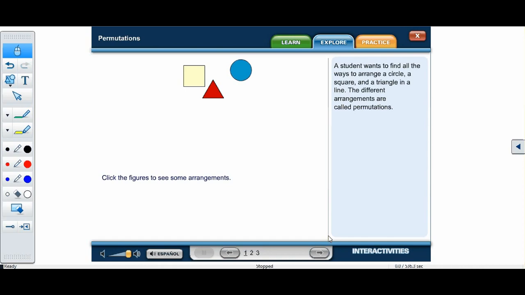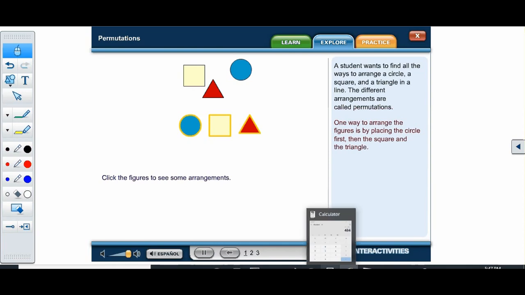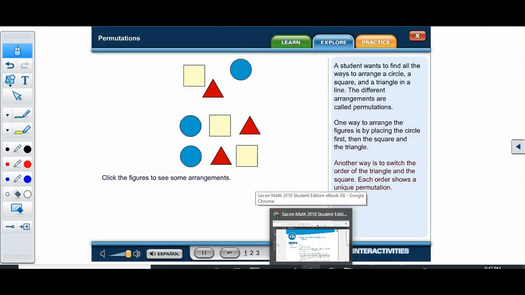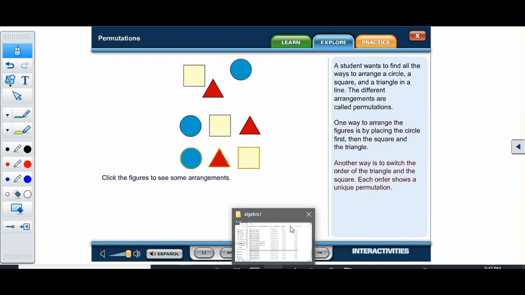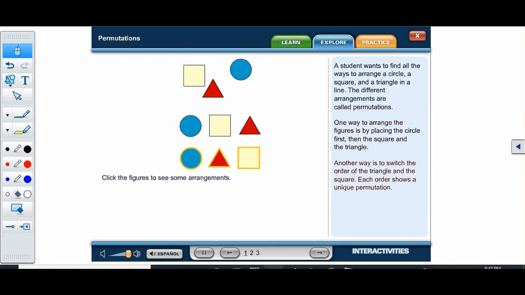But since order does matter, it's the ways they can order the shapes. All of these are separate permutations. One way to arrange the figures is by placing the circle first, then the square, and the triangle. Another way is to switch the order of the triangle and the square. Each order shows a unique permutation.